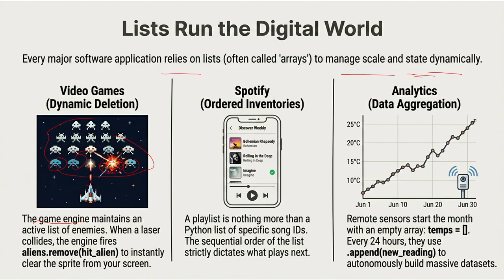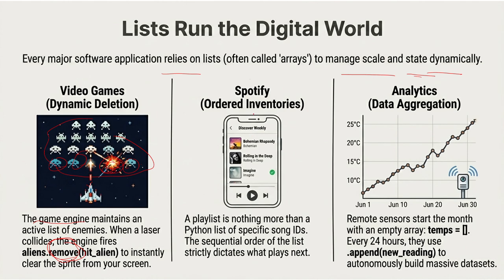So whatever alien got hit, remove. Why have we used remove? Because it will remove the first item. If you see here we have the same type of aliens also, but we want to remove only the one which is hit. So that's why the first occurrence should get removed, and that's why we use the remove method.